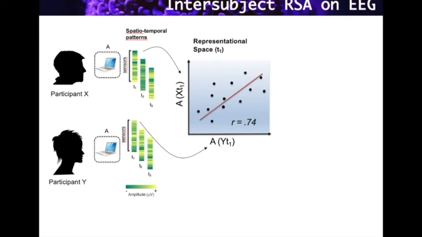So in the context of this example, we would go for time point 1 for participant X, and the same time point for participant Y. That would basically give us a correlation measure that expresses how similar or dissimilar the neural patterns elicited by the two participants are.